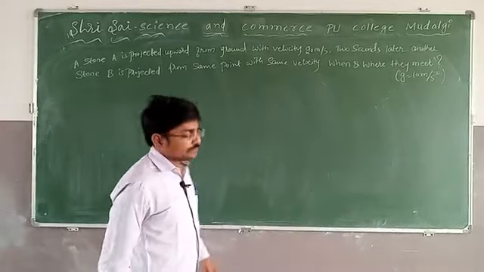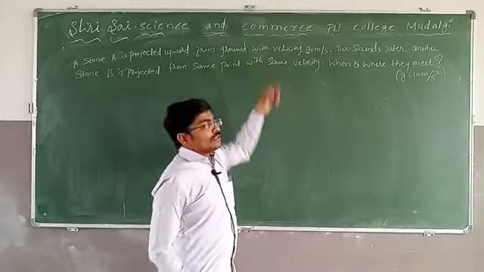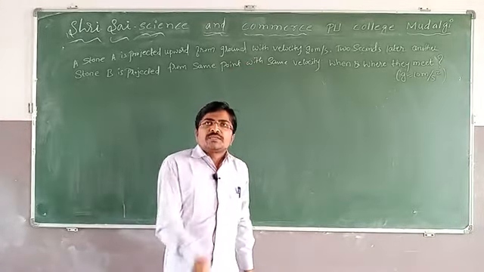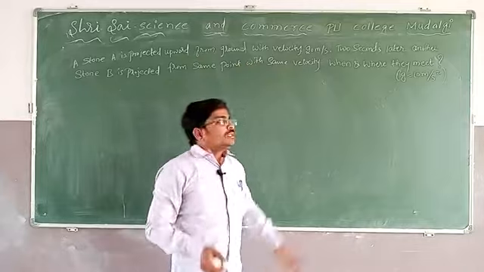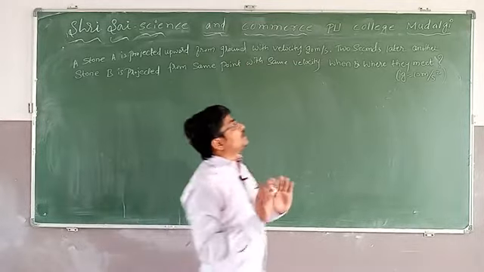When stone A is thrown vertically upward with the velocity 20 meter per second, that is the initial velocity.